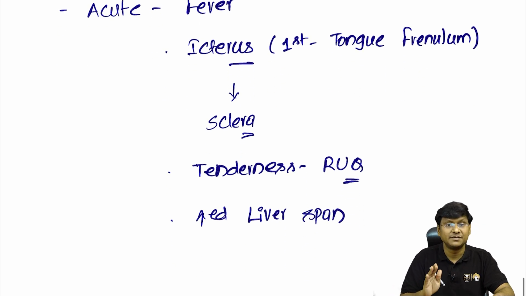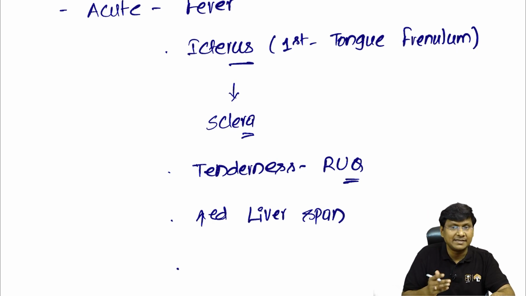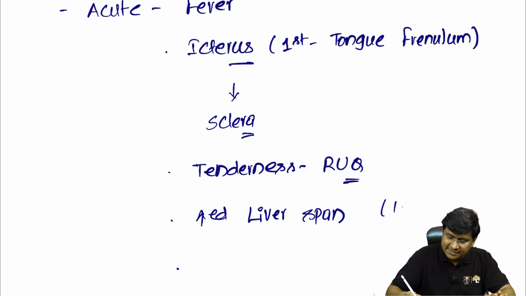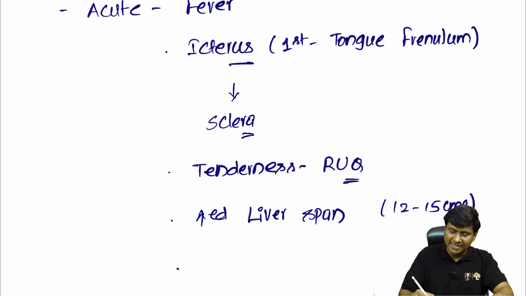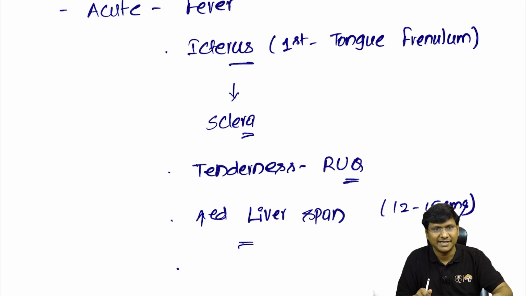The normal liver span is around 12 to 15 centimeters, and in patients with hepatomegaly, the liver span will be more than 15 centimeters, right?